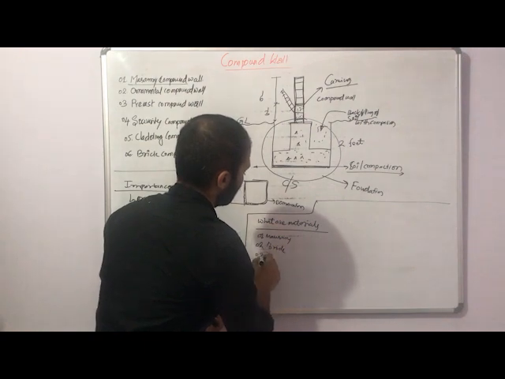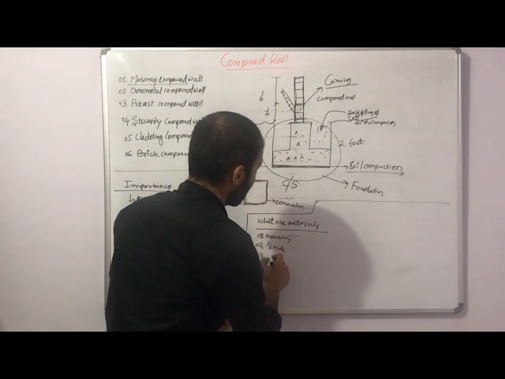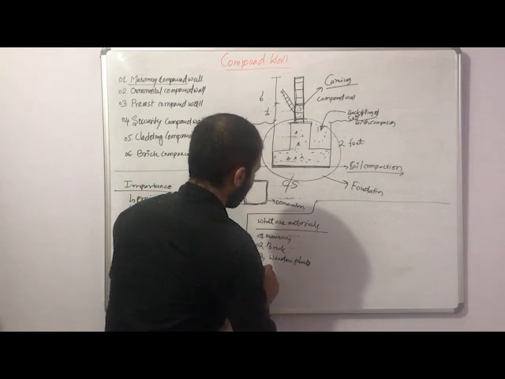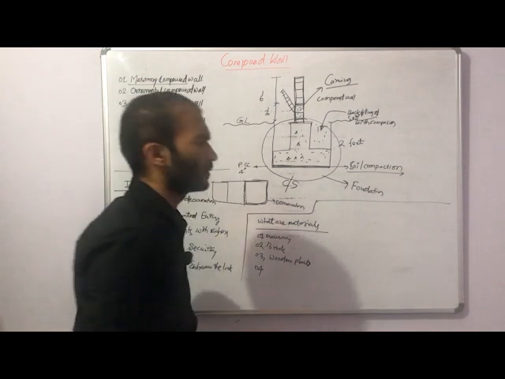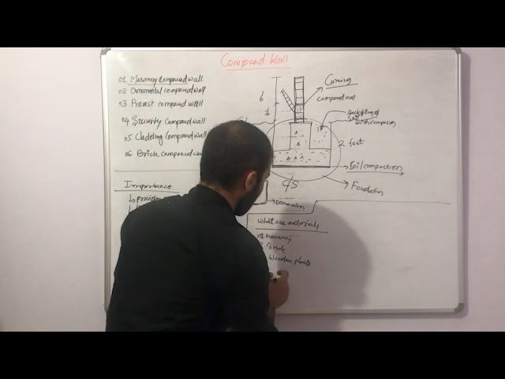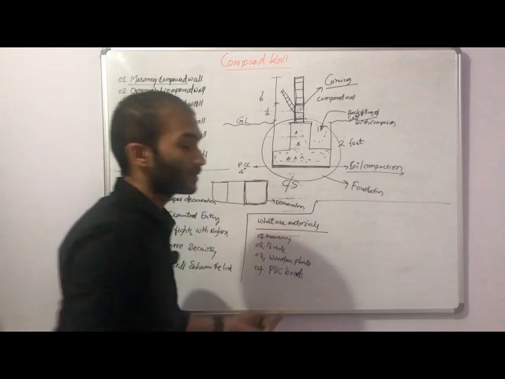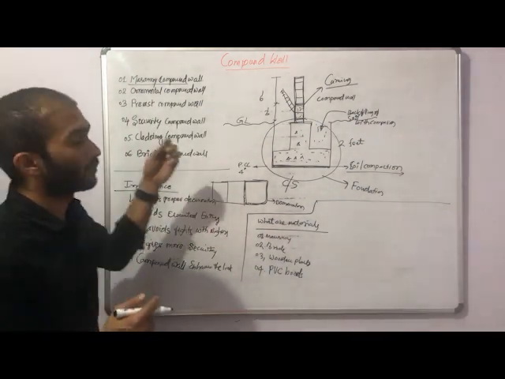The third one, in some places, is wooden planks. And in some places, for the compound wall, you can use PVC boards. These are the kinds of materials used in the compound wall, correct.